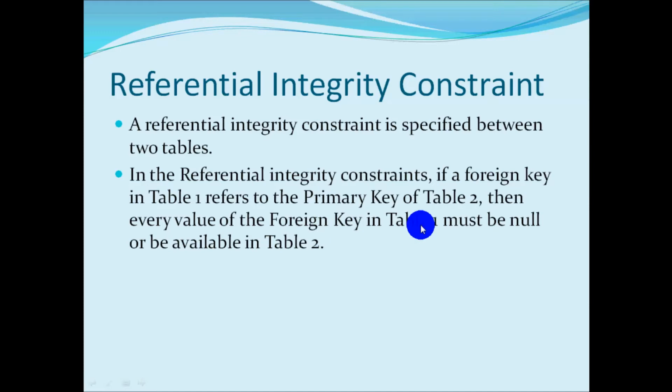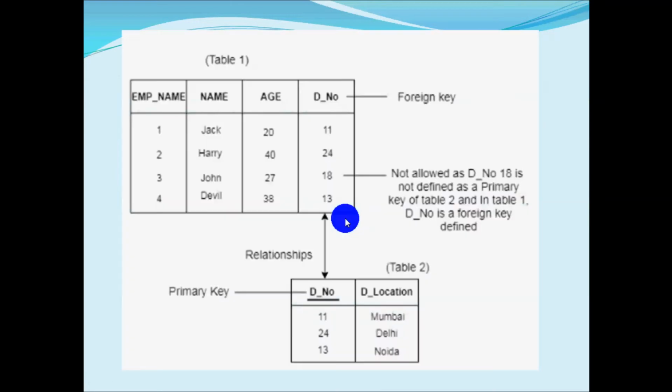The value in table 1 may be null, but there should not be a value that is not in table 2. Whenever we learn primary key, it should never be null. But in the case of a foreign key, it may be null, but it cannot have a value which doesn't exist in the primary key of table 2.